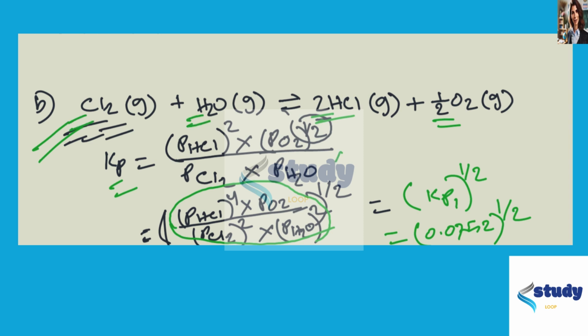So here del N will be 2 plus half as the number of molecules of product, minus the number of molecules of reactant. We have 1 plus 1, 2 reactants. That means 2 plus half minus 2, so the value of del N here is half, or 0.5.